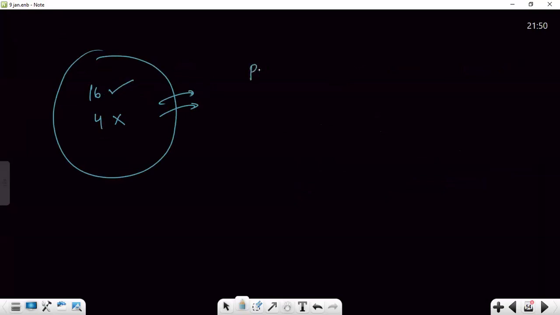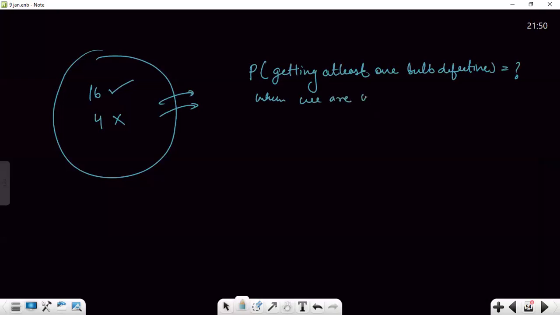And we have to tell the probability of getting at least one bulb defective when we are withdrawing 2 bulbs at random.